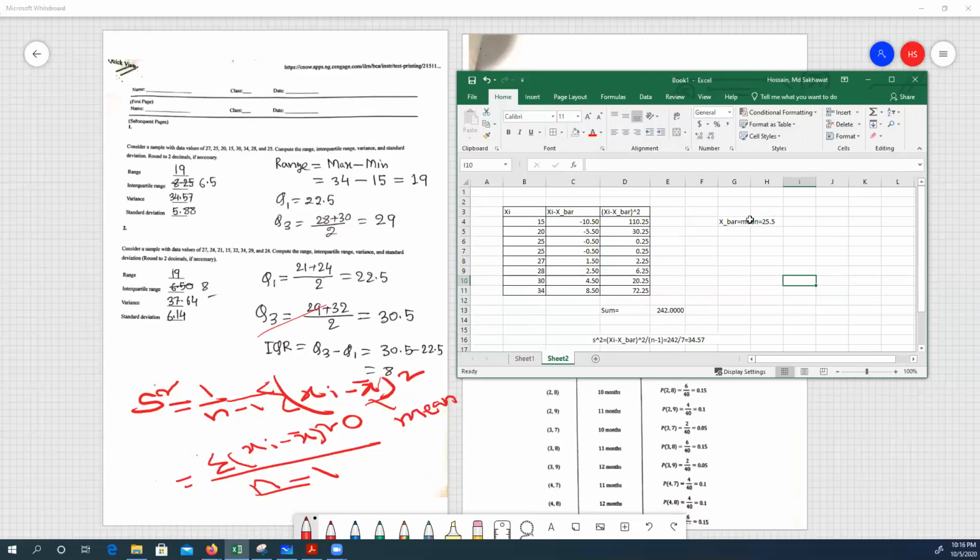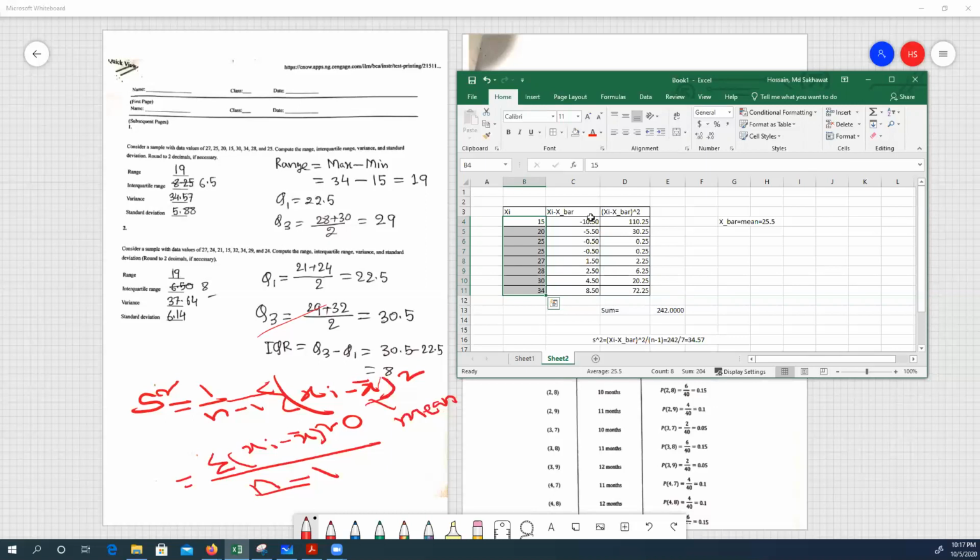X bar means the sample mean, which is 25.5. How can I calculate the sample mean? You add all these numbers, and there are 8 numbers, divided by 8. You can also look at the bottom. Here you have the average, that means the sample mean, which is 25.5, and count is the total number of numbers. So there are 8 numbers, and the sum is 204. So the average is 25.5.